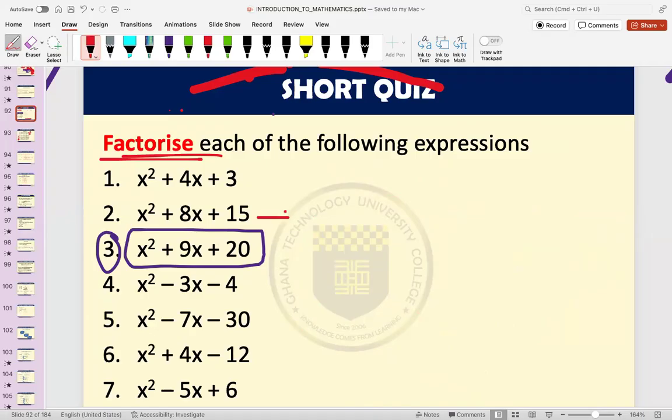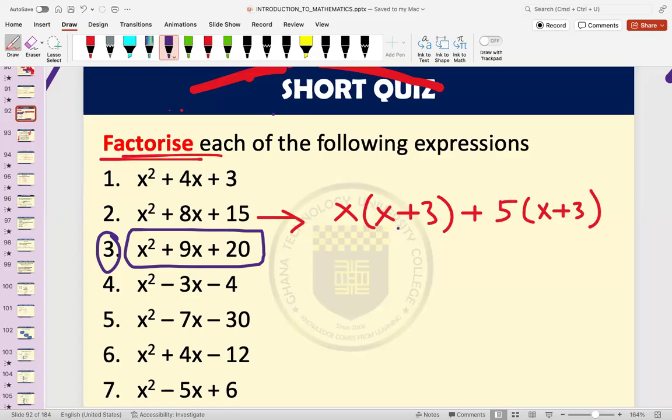Yes. So the example you gave me, that at a point we had this one x into x plus 3 plus 5 into x plus 3. Very good. So this is my principle. This is what we know. We are seeing x plus 3 here. We are seeing x plus 3 here.